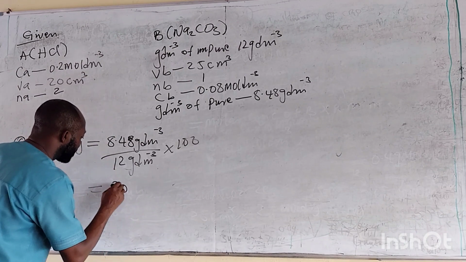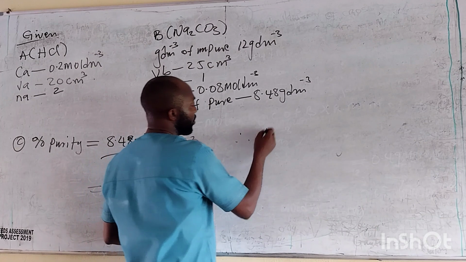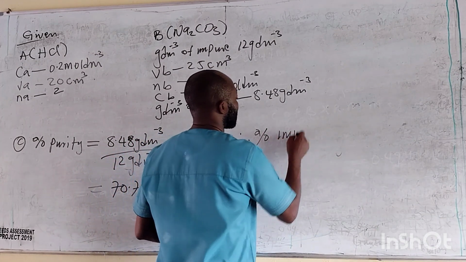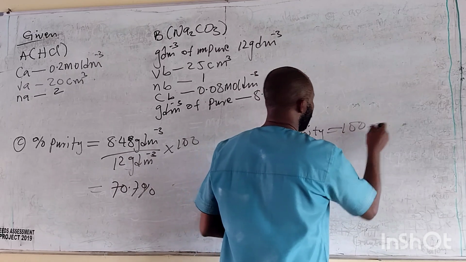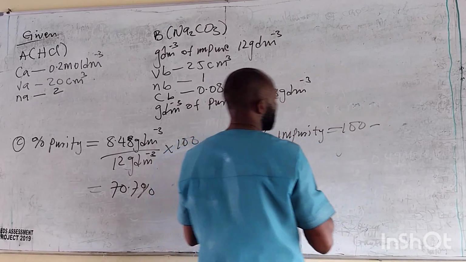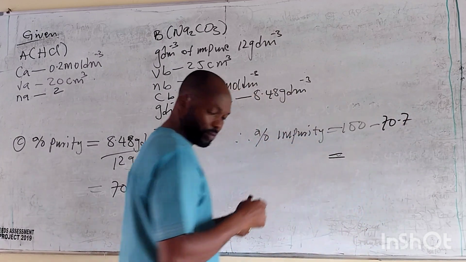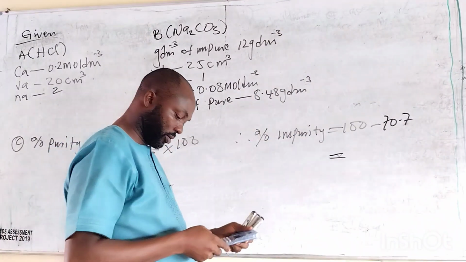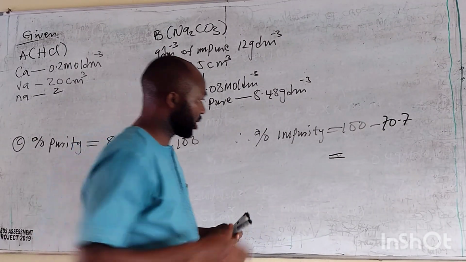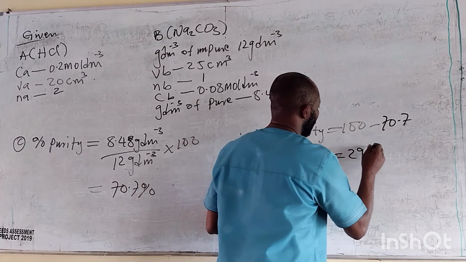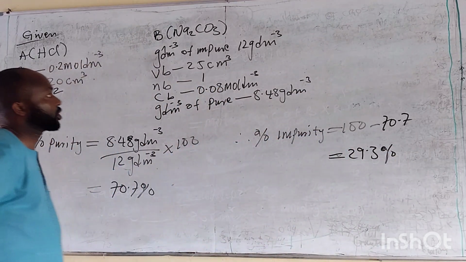This is 70.7% pure. Therefore, percentage impurity is equal to 100 minus 70.7, and that is 29.3%. That's our fourth question.